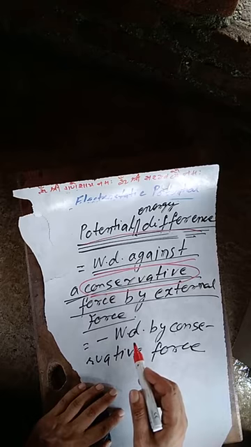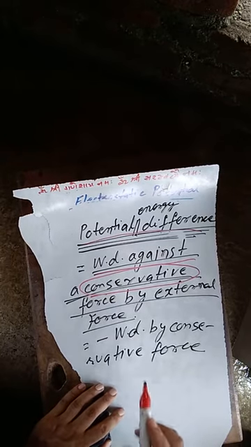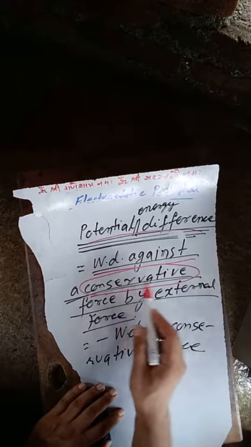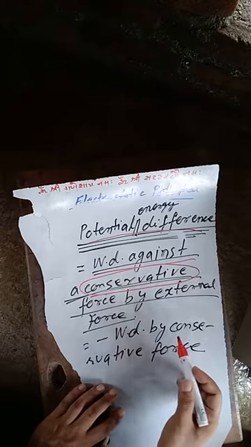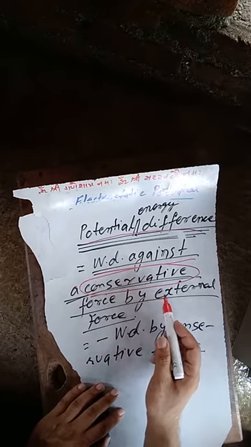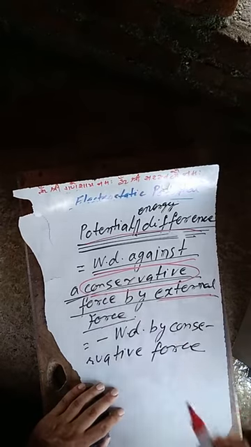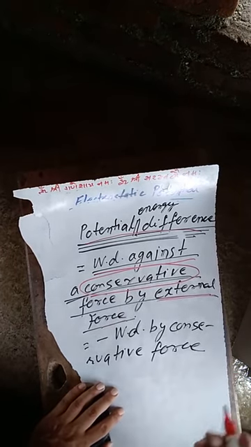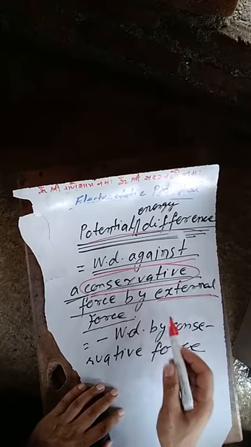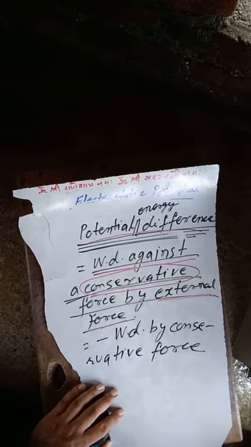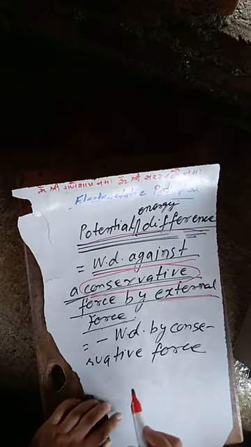So there must be a conservative force, and there must be work done against it. Who will do the work? An external agency or external force will work against the conservative force.